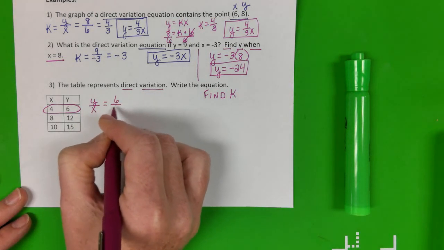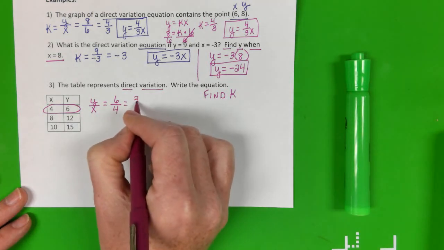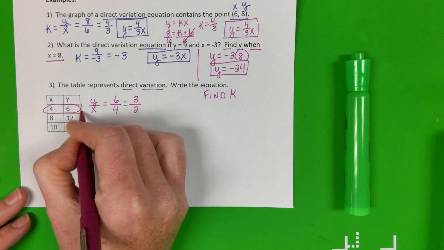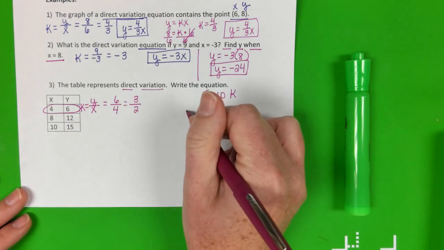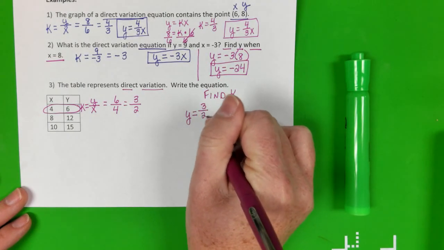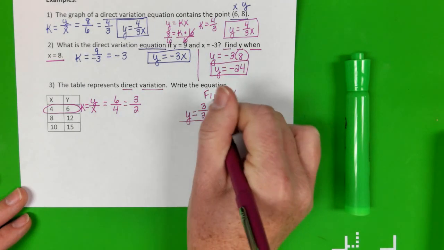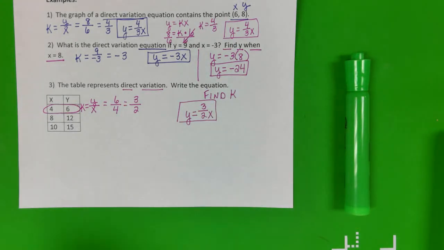So 6 over 4, which would be 3 over 2. So our k is equal to 3 over 2, which means the equation is y equals 3 over 2x. Really important that we're doing this last step and actually writing the equation, because that's what it's asking us to do. It's simple as that.